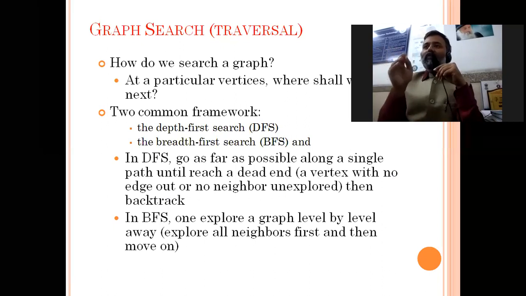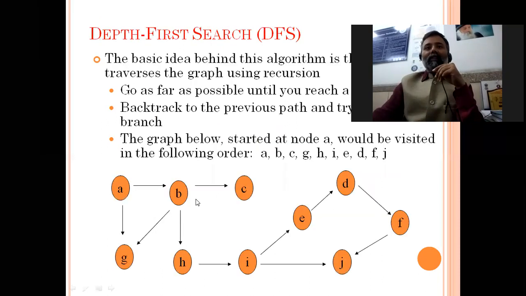In this way, we follow a path and go in depth. That's why we say depth first search. In BFS, in contrast with DFS, we cover all the neighbors of a node at that time only. So we move in breadth, and that's why its name is BFS. I will cover BFS in the next lecture.